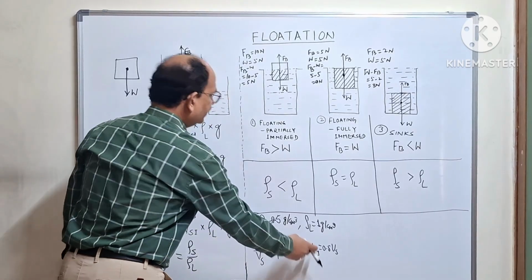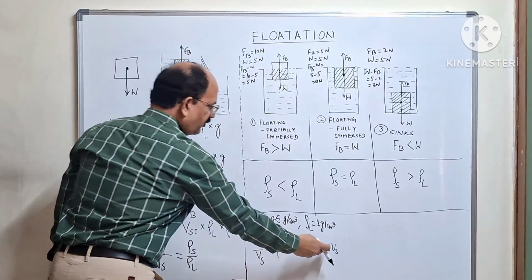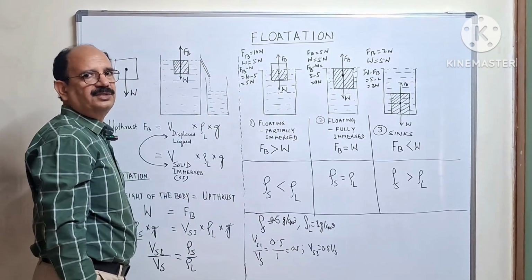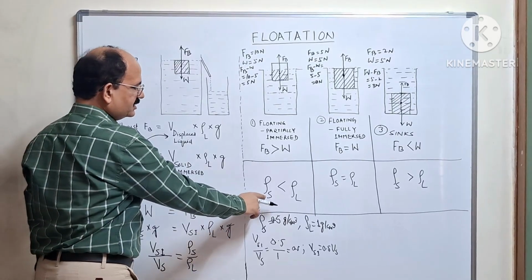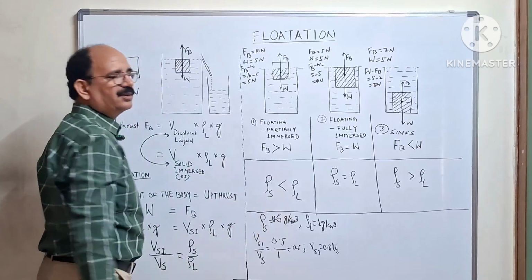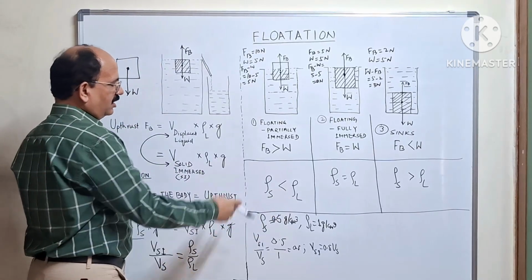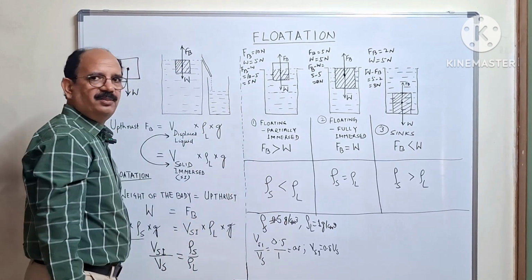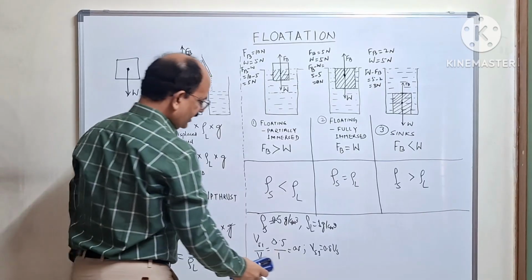What it indicates is that the solid immersed will be only 50% of the total volume of the solid. So if the density of the solid is less than the density of the liquid, then the body will be only partially immersed.